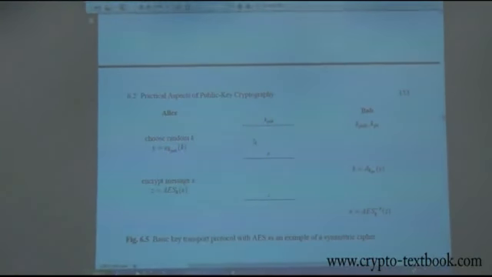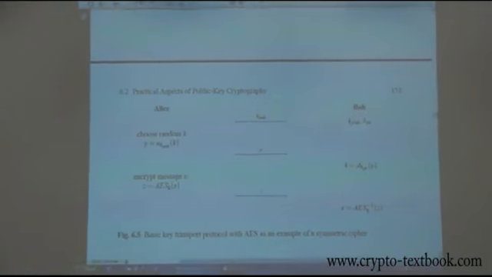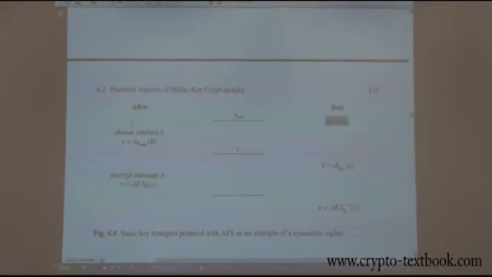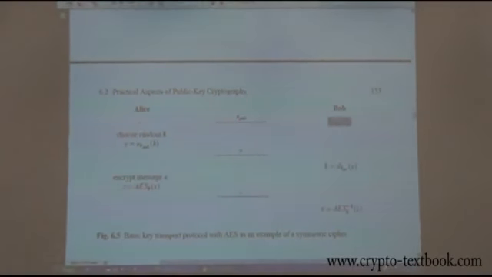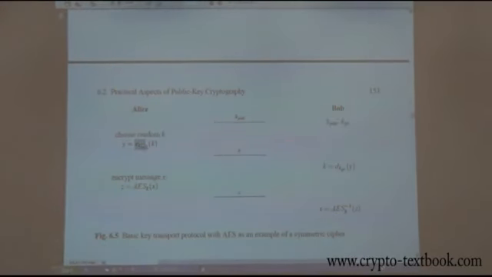So what you can also do is, if you have a public key encryption scheme such as RSA, Bob generates his public-private key pair, sends the public key over, and now Alice chooses a random number, a random 128-bit key, and encrypts it with the RSA algorithm, or maybe ElGamal.